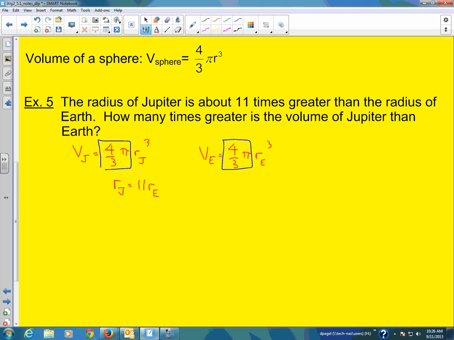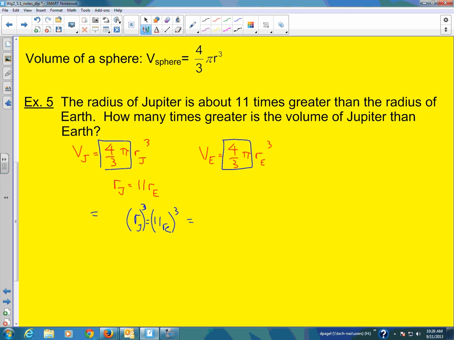Well, our radius of Jupiter then would be 11 times 1, or 11 radius of Earths. And therefore, I have radius of Jupiter, 11 radius Earth, and radius of Jupiter cubed would mean I'm just raising to the power 11.